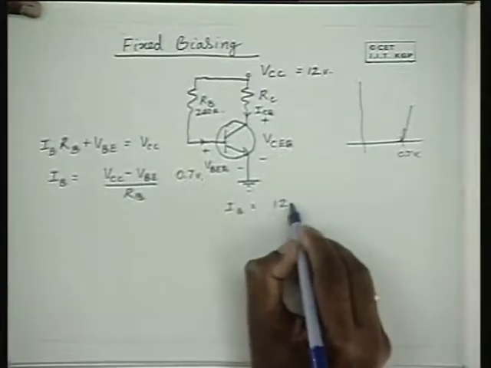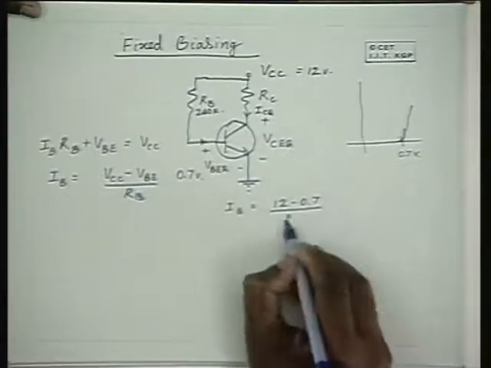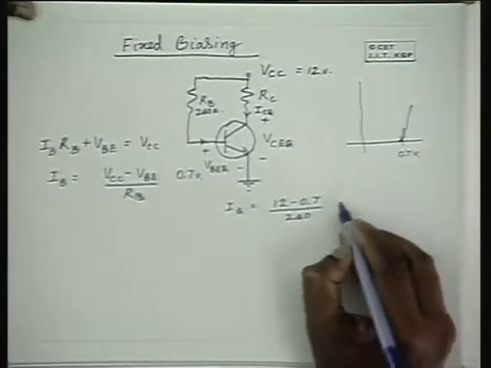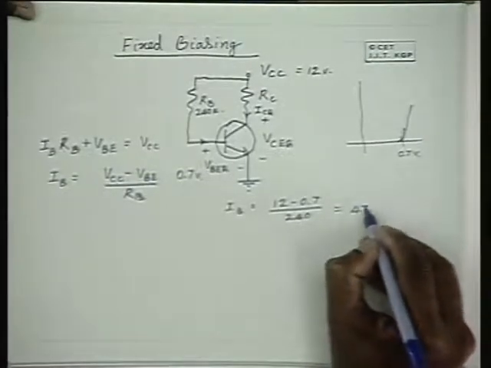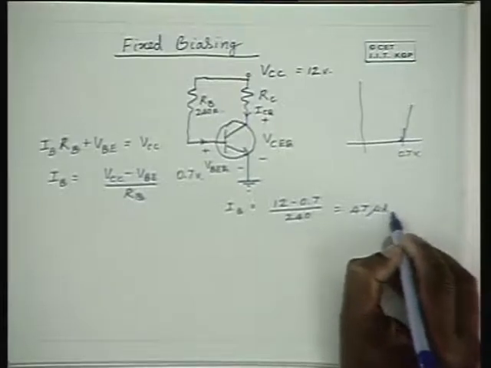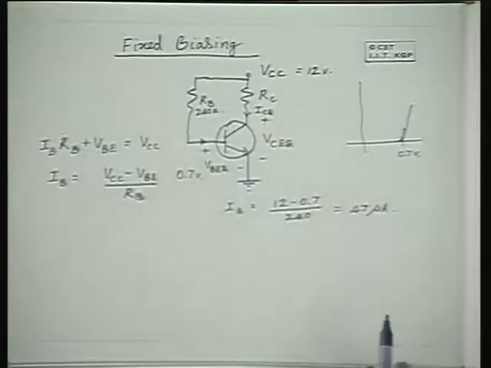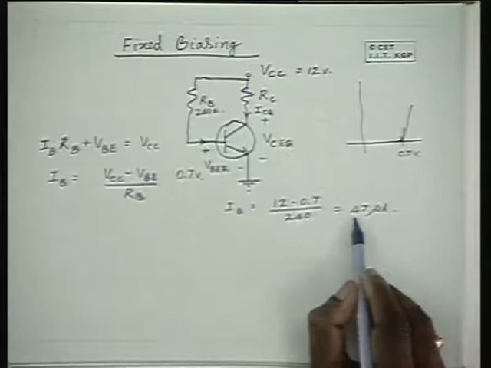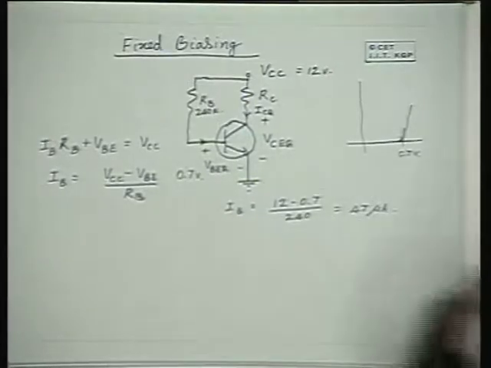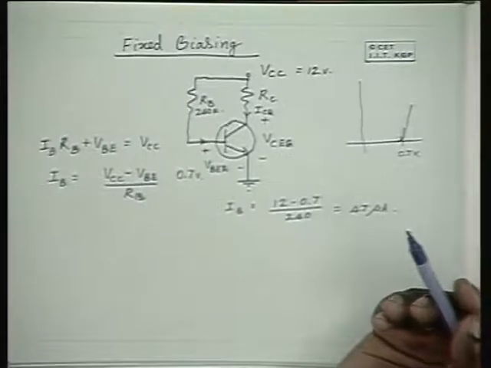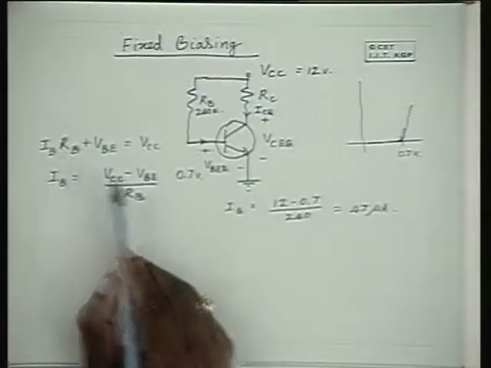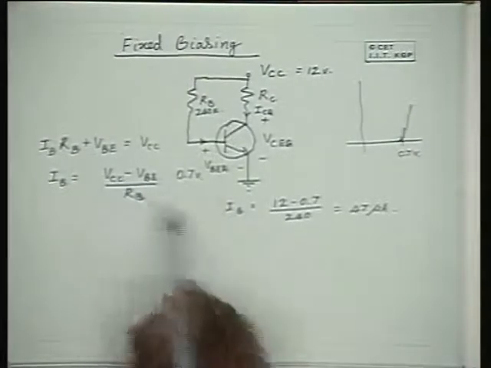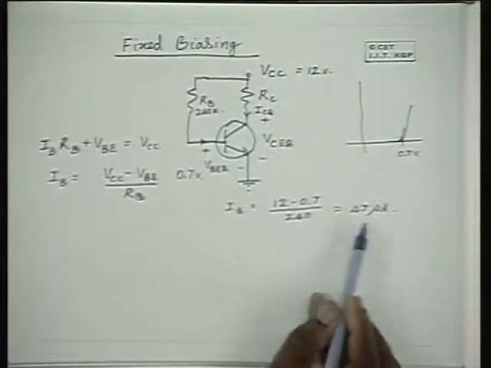IB is equal to (12 minus 0.7) by 240K, and that is about 47 microamperes. It is very simple. If you want to provide an IB of 20 microamperes, RB would be (VCC minus VBE) by IB, so (12 minus 0.7) by 20 microamperes, that much RB is required.